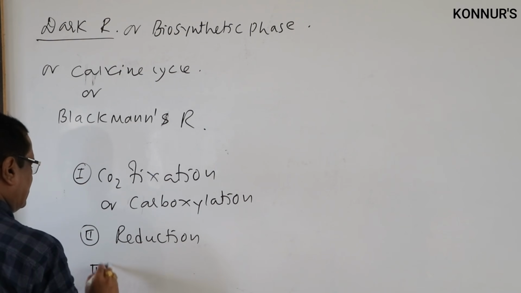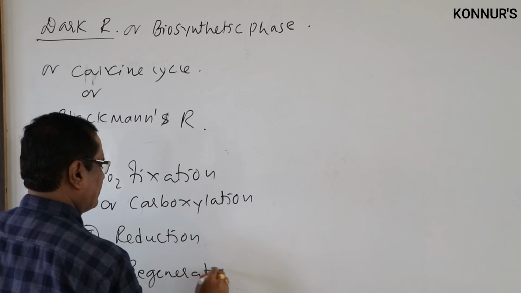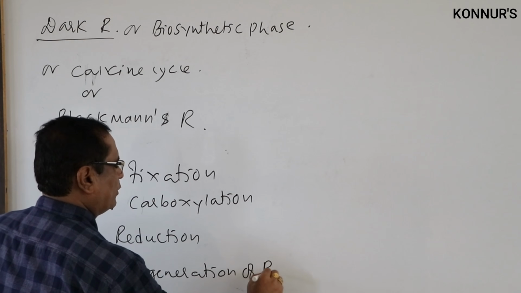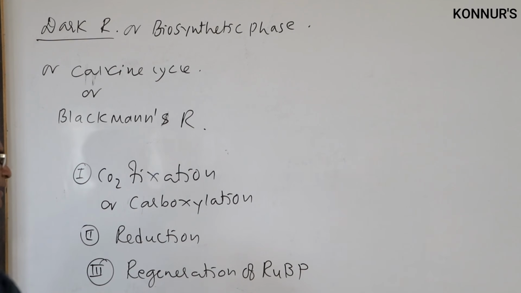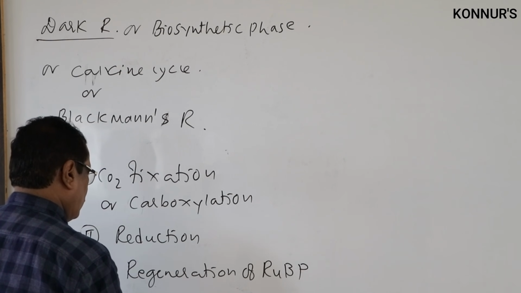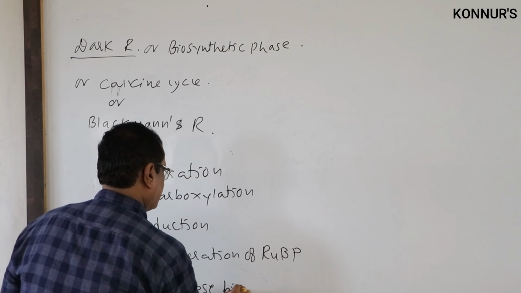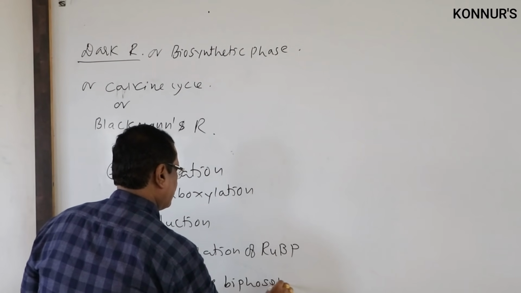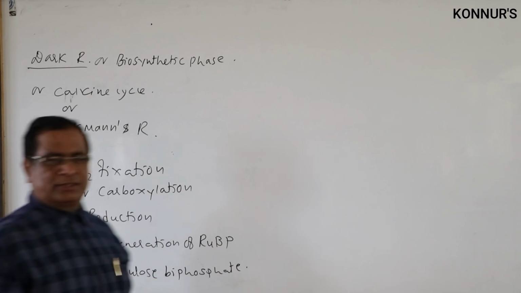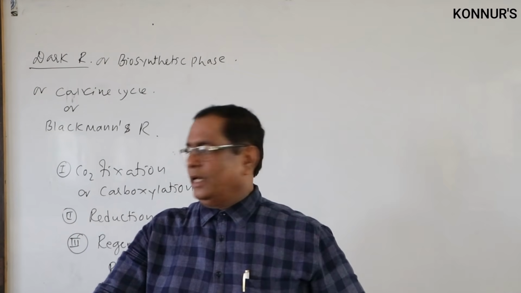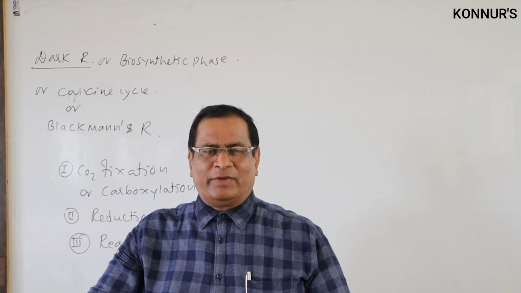And third is regeneration of RuBP. That RuBP is nothing but ribulose biphosphate, a 5-carbon compound which is there in the stroma that fixes CO2.